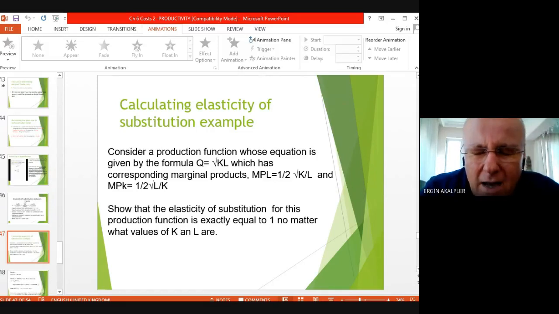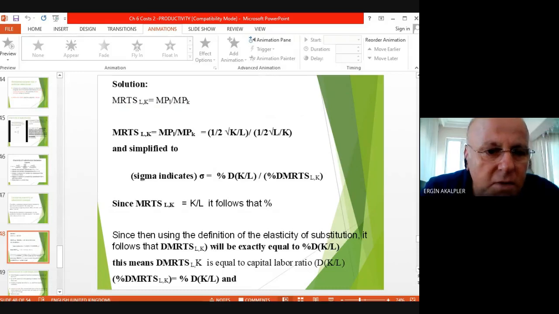Therefore, we are going to analyze this given scenario, which is the sigma equation from the former slide.